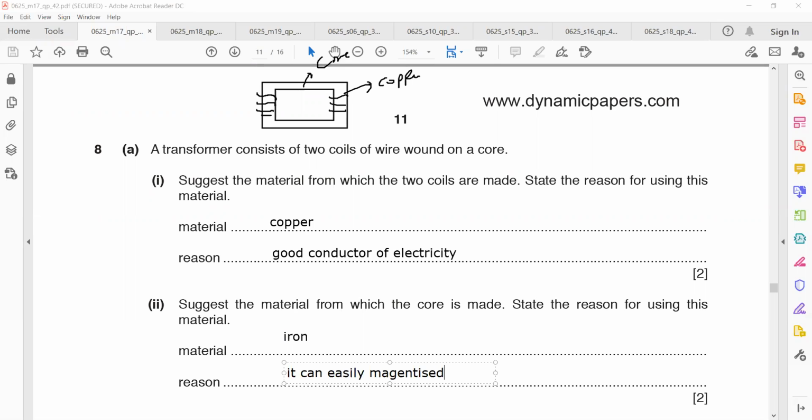So it can easily magnetize and demagnetize.